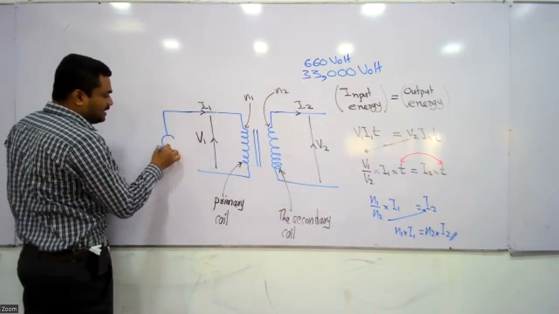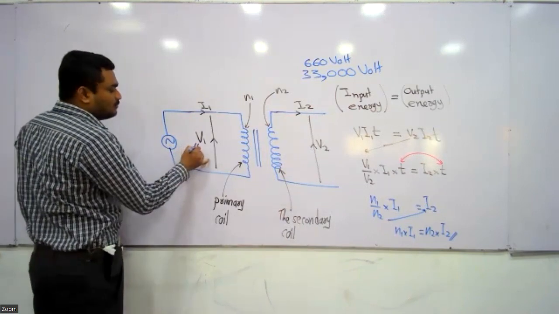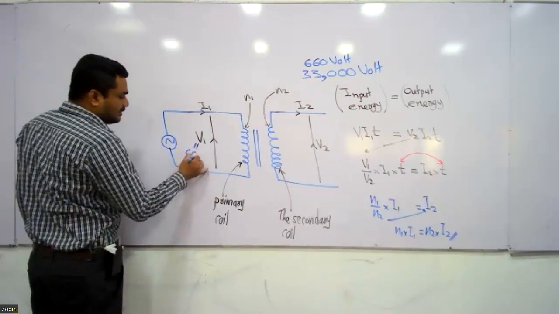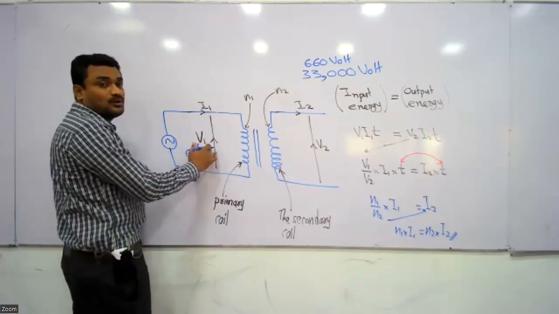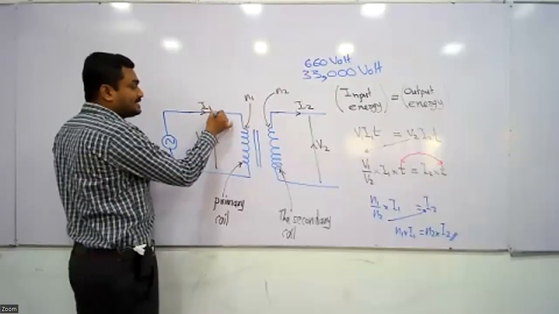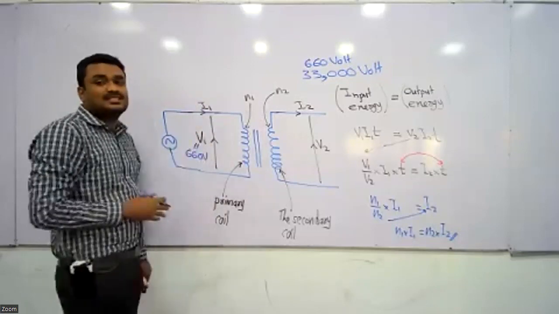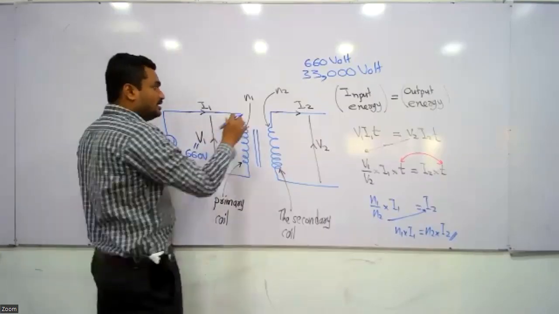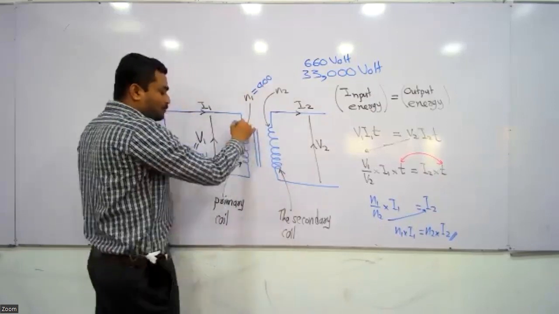So the generator can be indicated by this symbol, a voltage source. It generates a voltage of 660 volt. Even if we draw arrows, you know that alternating voltages do not have an exact direction. Even though we have marked the directions, actual directions always change. Don't worry about it. So it is said that there are 400 turns in the primary coil.